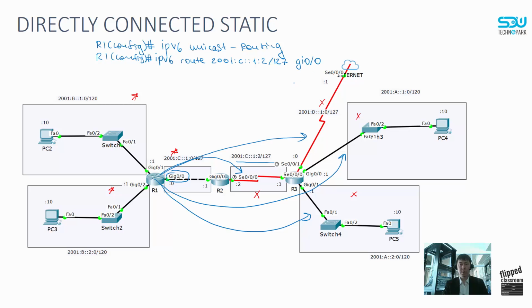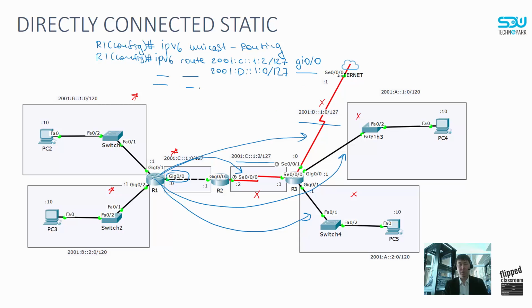And for all other networks, we'll write the same commands: ipv6 route, and then we'll provide information about networks. For example, this network 2001D:1 0 with prefix 127, and the same exit interface gigabit 0/0.